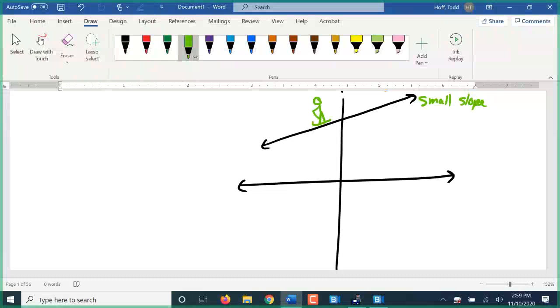Relatively low slope. I'm on a slope like this. Obviously, at my current age, I'm probably looking for a helicopter ride. But in my younger days, that would have been a larger slope. A little bit steeper hill, more fun.